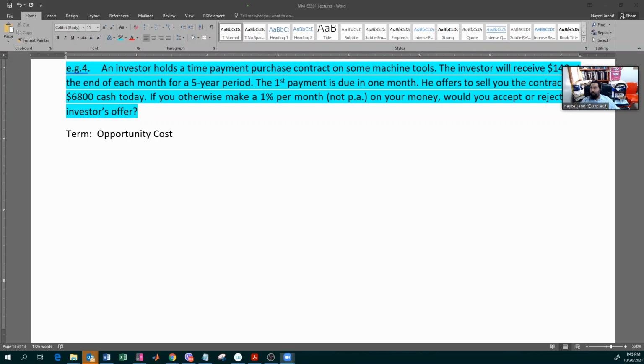It's going to be a relatively simple cash flow diagram, and that's on a monthly basis. That is 0, that's 1, 2.